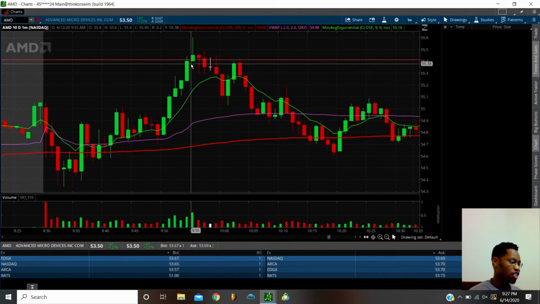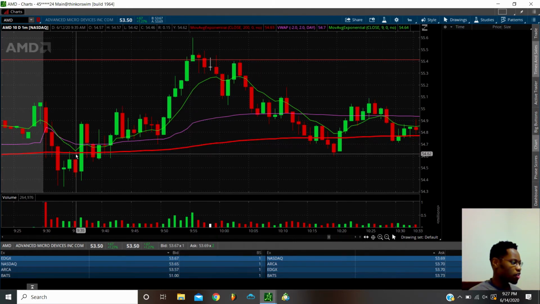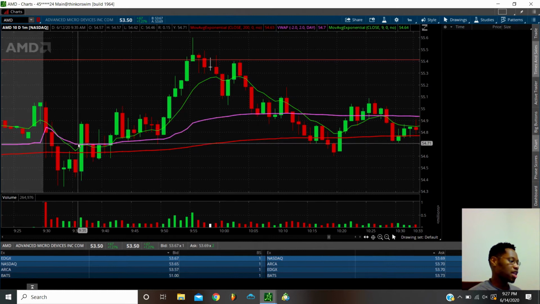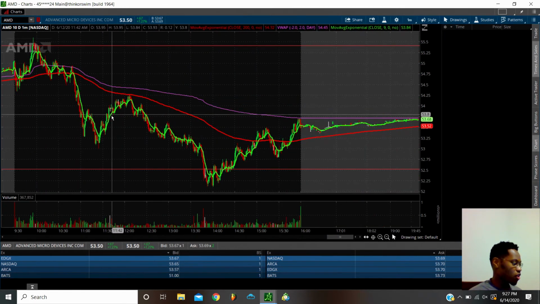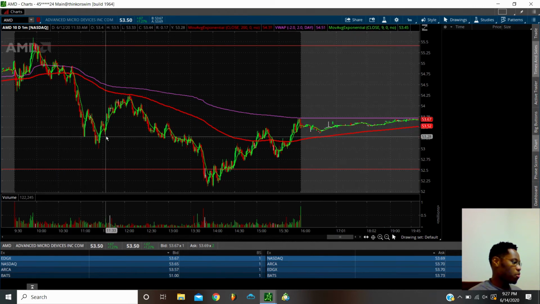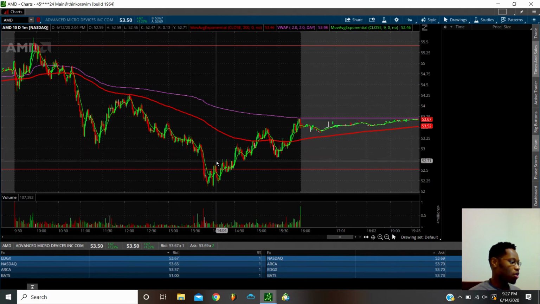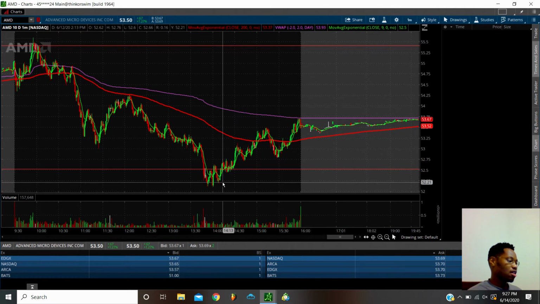So you have these nice gradual movements. This is the market open, which is kind of choppy, but for the most part you have very slow and gradual movements, and these movements take about an hour, 30 minutes, and even possibly hours to transpire.